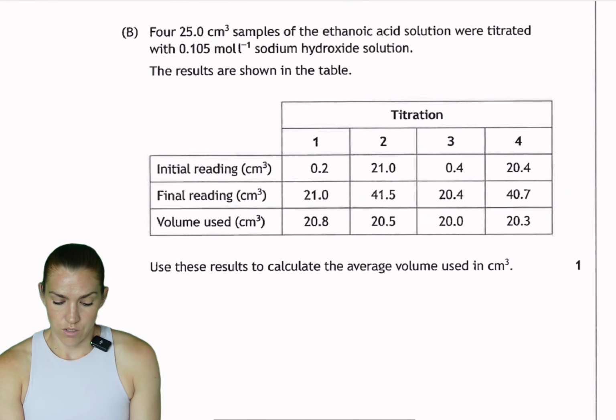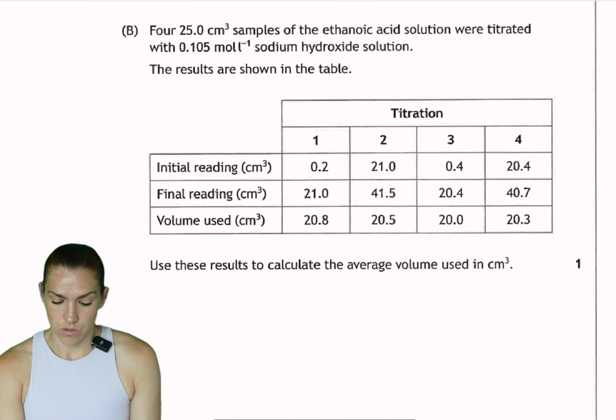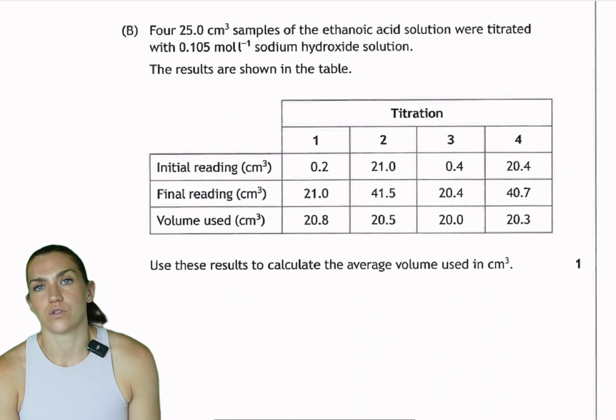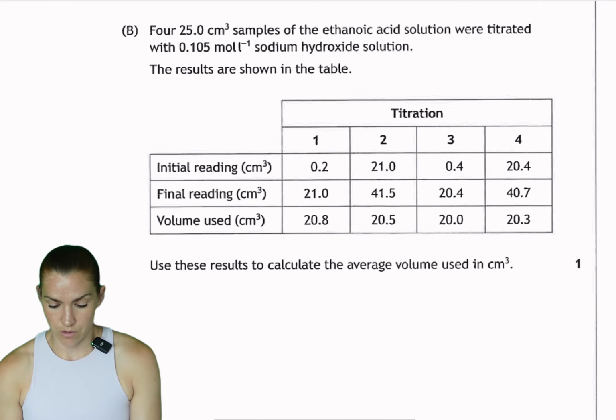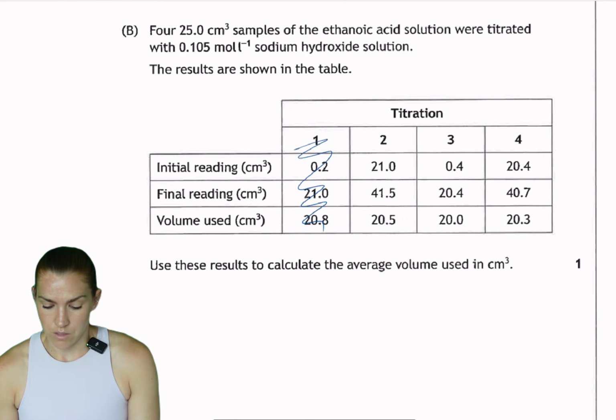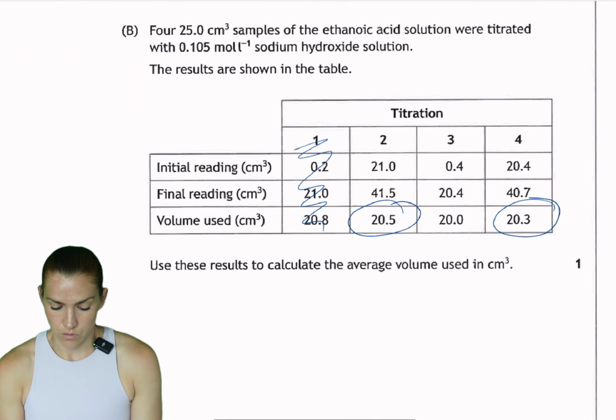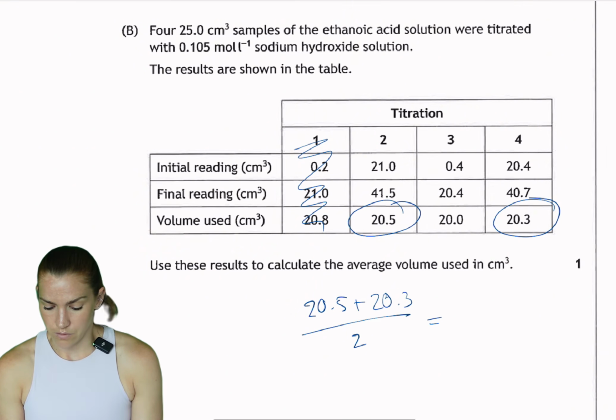So then using the results to calculate the average volume used. We only want to use concordant results. We never usually use the rough titration, even if it is concordant. And so out of the remaining results, the only concordant ones are these two here. So you would do 20.5 plus 20.3 divided by 2, and that should give you 20.4 centimetres cubed.